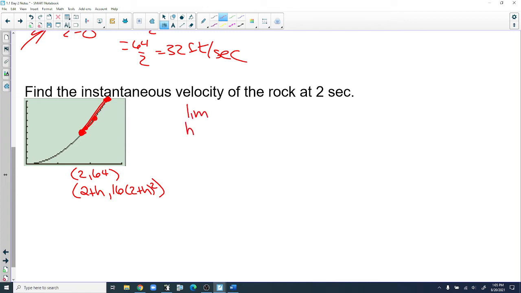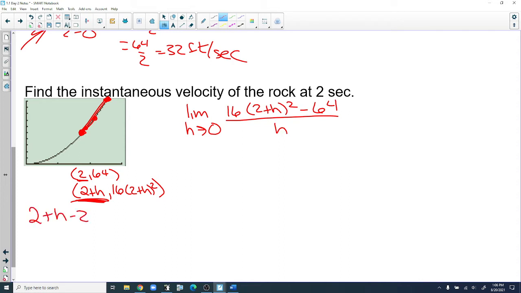So we have the limit as the difference between the two, between 2 plus h and 2, becomes nothing, becomes 0. We'll do y2 minus y1 over x2 minus x1, which just becomes h, because you have 2 plus h minus 2, and those will always cancel, so it'll just be h.